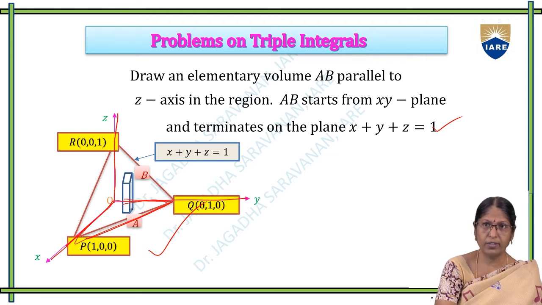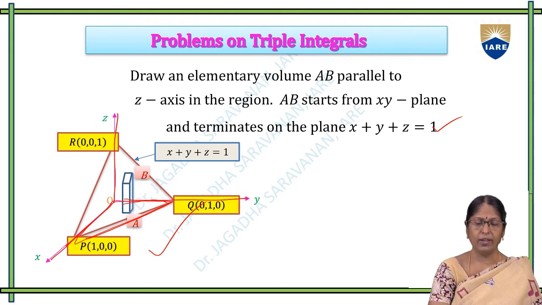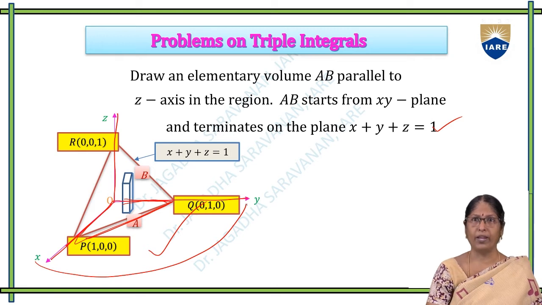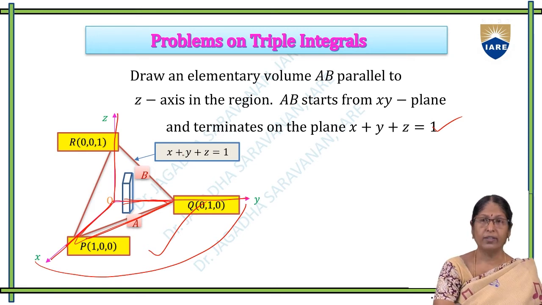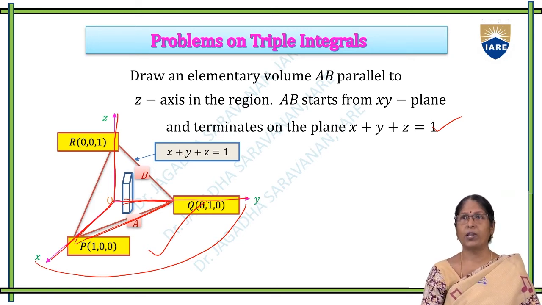So this vertical strip starts at our xy plane and terminates touching the plane x plus y plus z equal to 1.